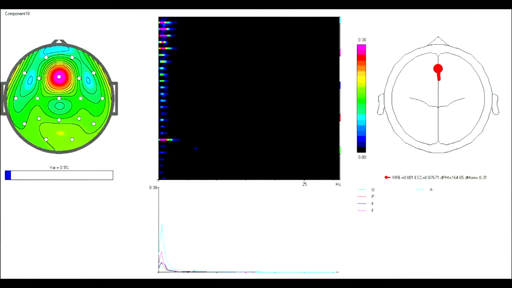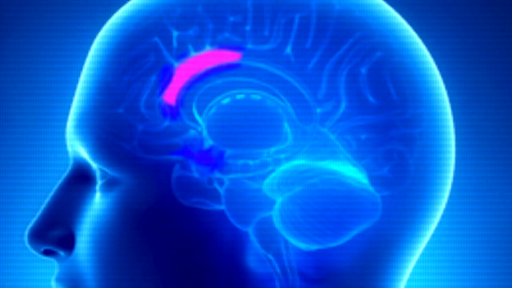The first image that we see is, in fact, one I would not have expected. The dot that you see in the front of the head here overlies the anterior cingulate. And the cingulate is buried between the two hemispheres here. The orange stripe down buried between the two hemispheres in the fissure is where we're really getting this activity from.